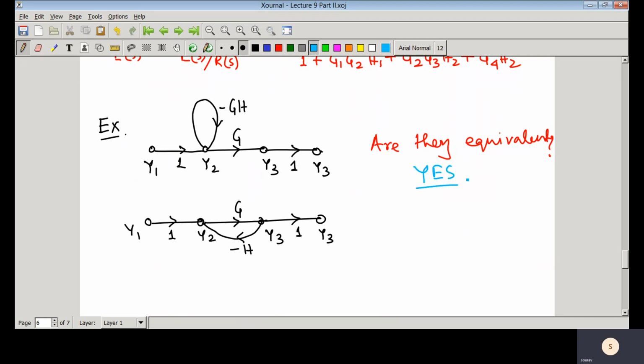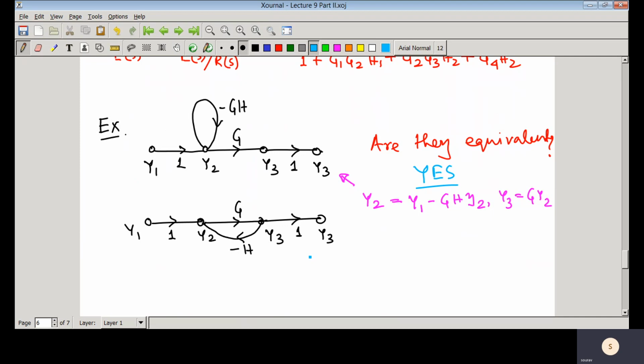How? You can see it here. For the first case, y2 equals y1 plus the self loop term, that is y2, and then you have another algebraic equation, y3 equals g y2.